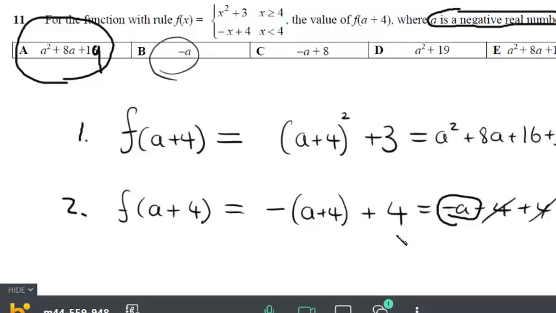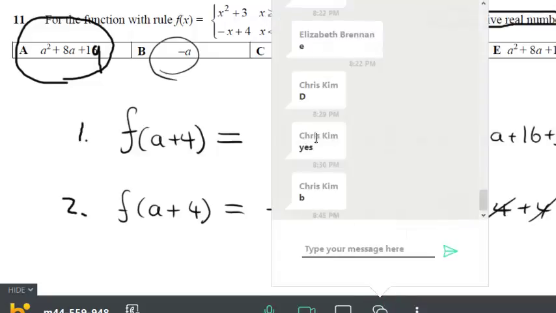Okay, so Chris is saying B. Let's have a look.